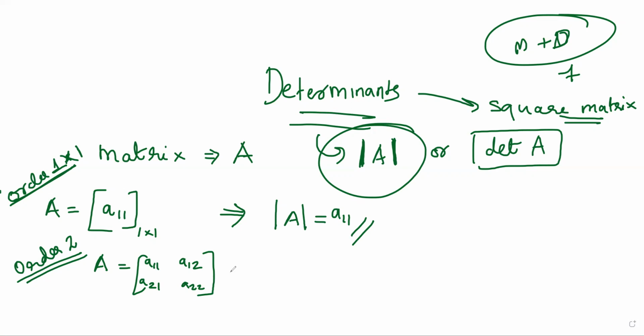Determinant of A is denoted like this, and it is A11 into A22 minus A21 into A12. Just cross multiply like this, again cross multiply like this, then subtract.